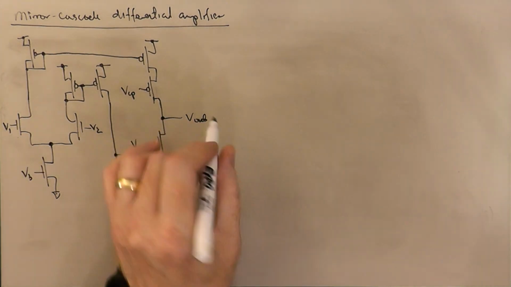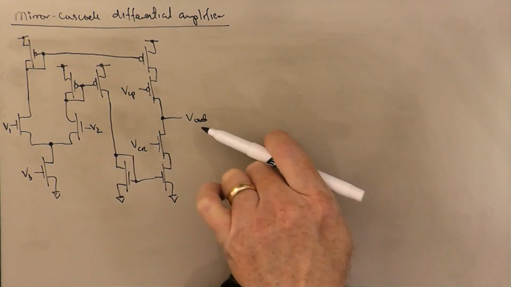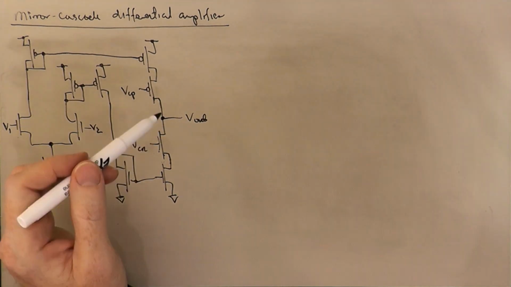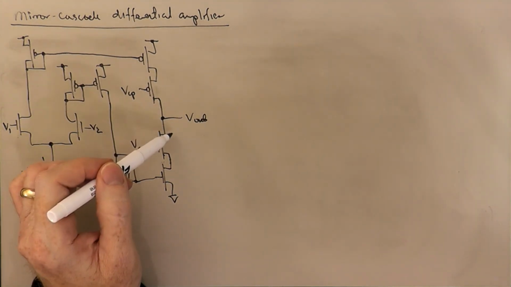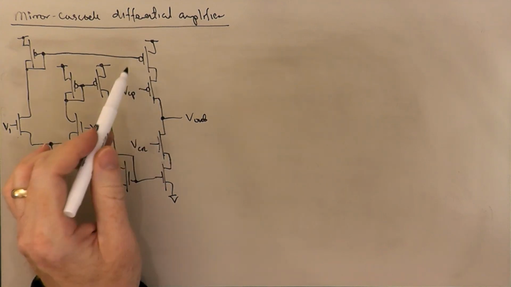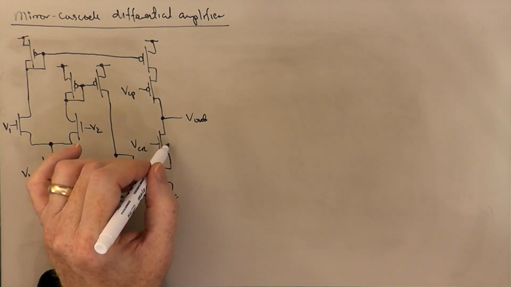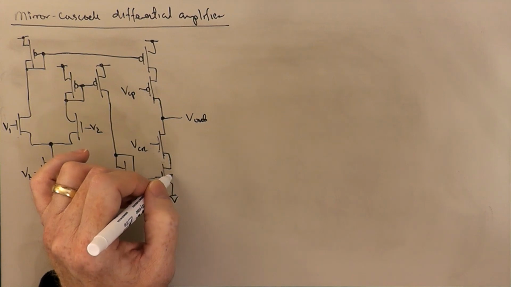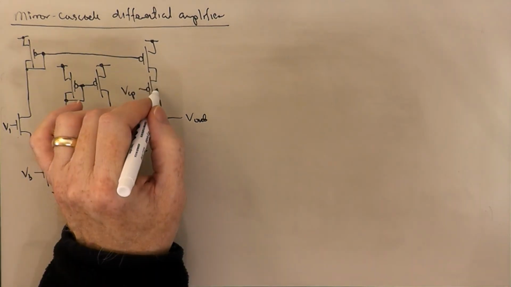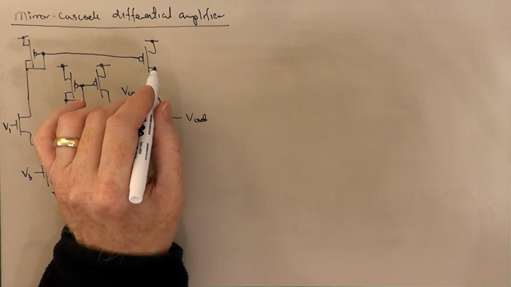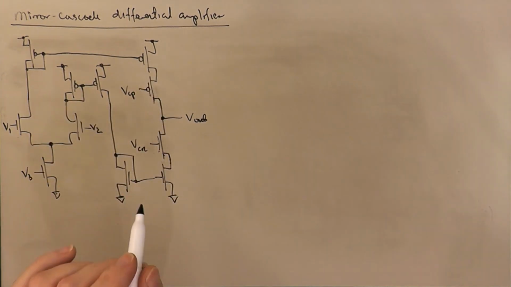But then when we look back into the output of the amplifier to probe its output resistance, we now see the parallel combination of the N cascode and the P cascode. And so it's going to be GmN RON times RON in parallel with GmP times ROP, and that's going to be a factor roughly of the intrinsic gain.